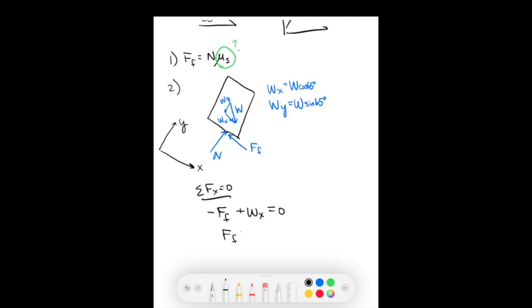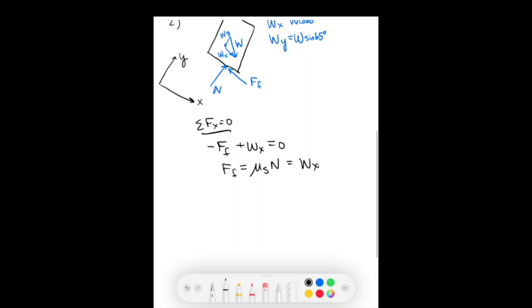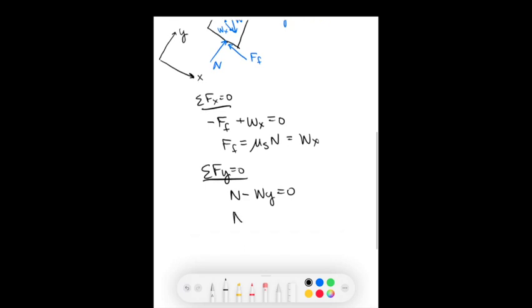So our friction force, which we already know is equal to mu s times N, is equal to the x component of the weight. If we solve in the y direction, we see we only have the normal force and the y component of the weight. So the normal force is equal to Wy.